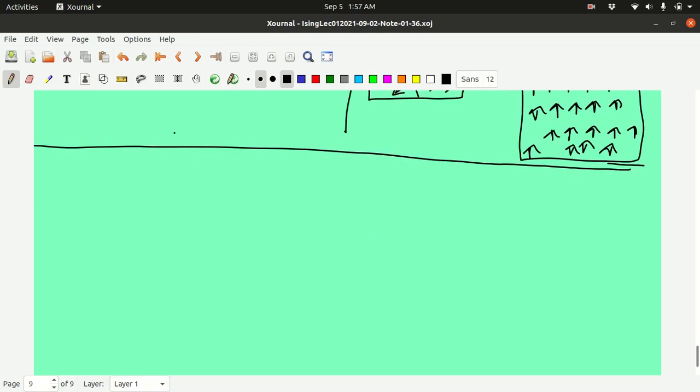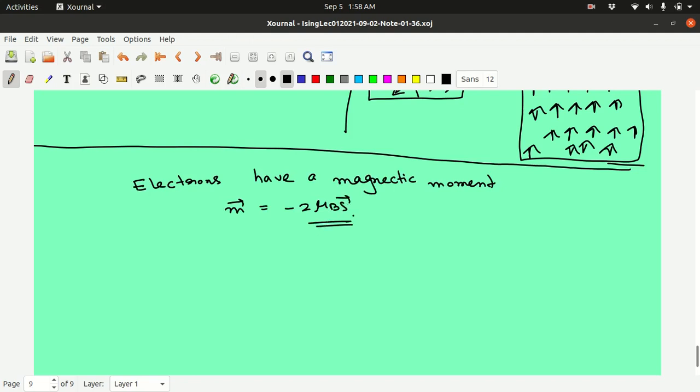Our first case to find the reason for magnetism is the dipole-dipole interaction. Electrons have a magnetic moment, m equal to minus 2 mu B times the spin vector S, and that is associated with the intrinsic spin angular momentum of the electron.